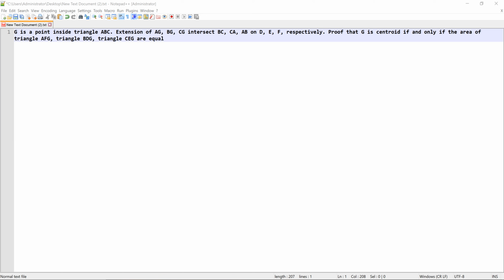So let's see the problem first. It's a property of the centroid. G is a point inside triangle ABC.